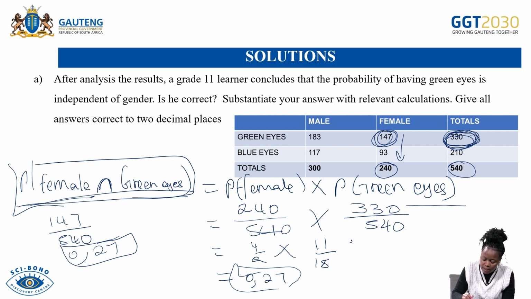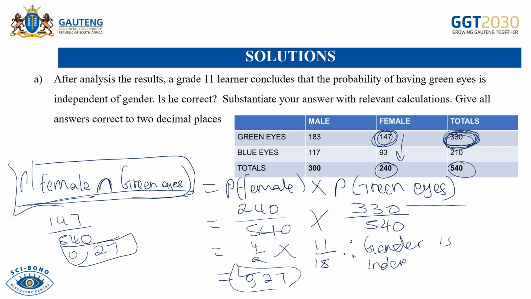So you say, therefore, the gender is independent of... they said the learner concludes that the probability of having green eyes is independent of gender.